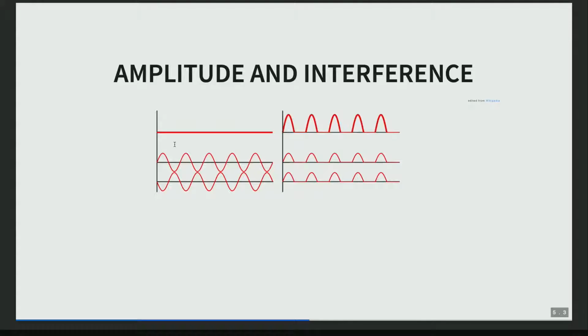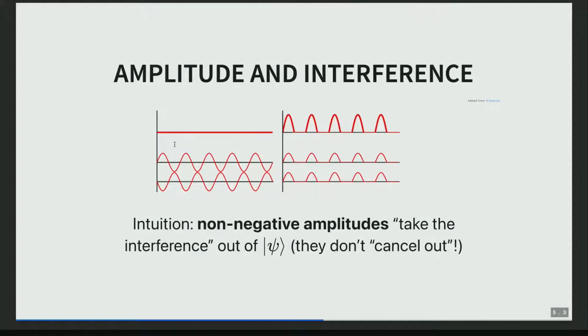On the right side, everything is non-negative, so you can't cancel out amplitudes. In a way, positivity takes out the destructive interference. It prevents things from canceling out when you might want them to. So it removes a way that Merlin can cheat. If you know the state has non-negative amplitudes, then you can't use it to create destructive interference.